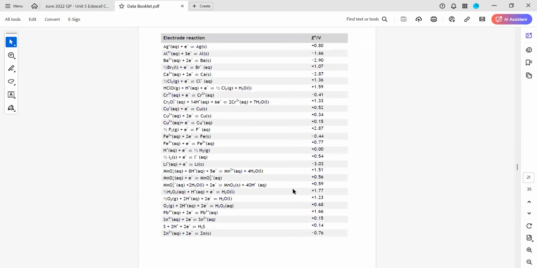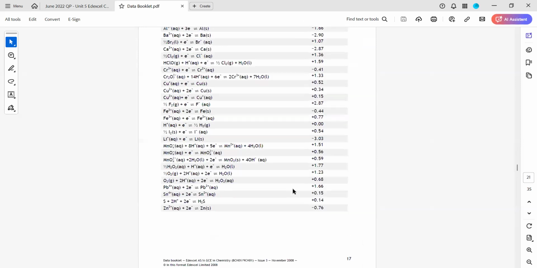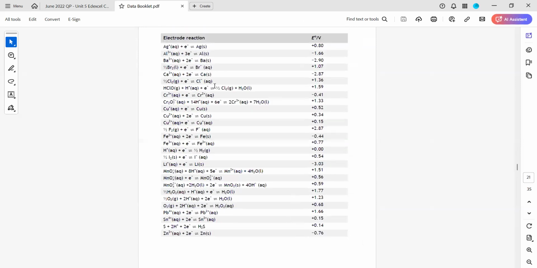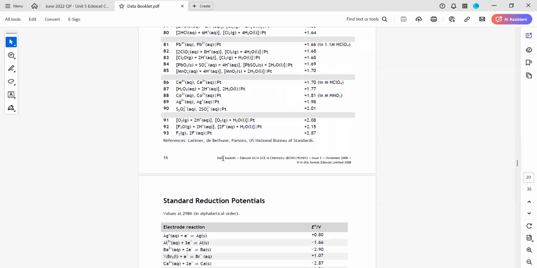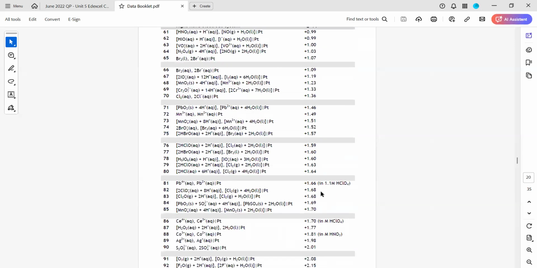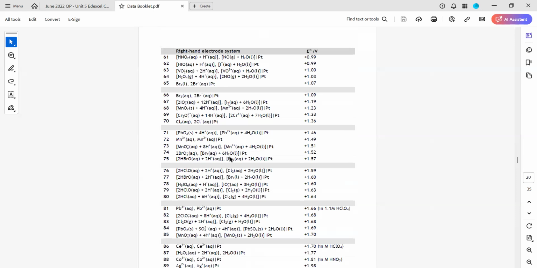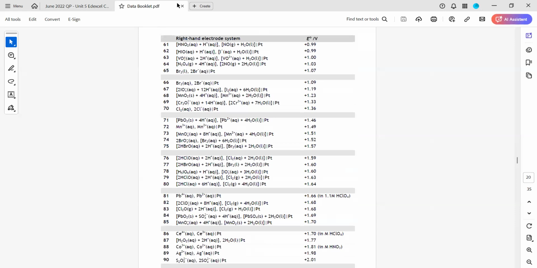Reduction potential, I will use vanadium, this one. Send the latest data booklet, because otherwise I have to read through each of them to know. They already mentioned it's on page 10, so I will directly move to page 10.